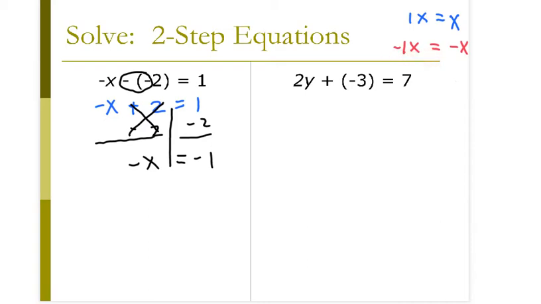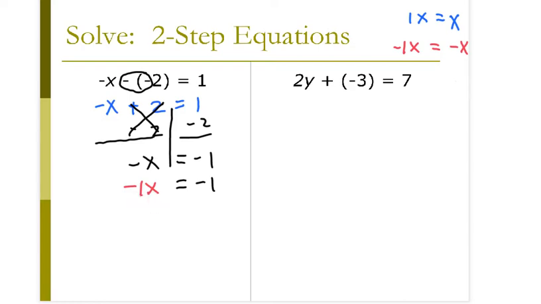Everything else would remain the same. We still have our equal sign, we still have our -1, and we remember that when we have two values next to each other, it means multiplication. So what we have here is really -1 times x.